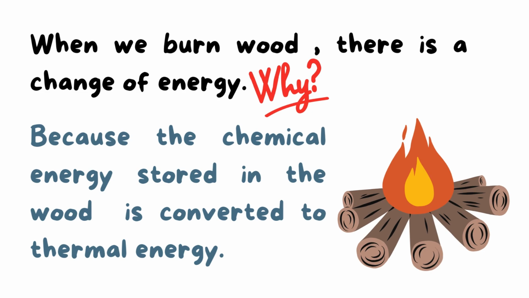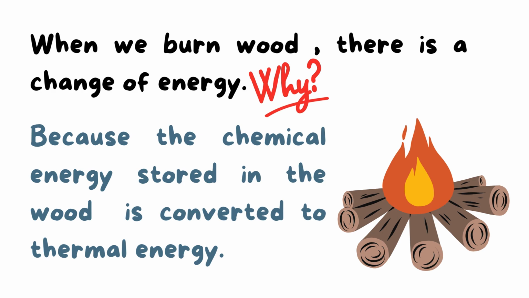When we burn wood, there is a change of energy. So what is this change, or why? Because the chemical energy stored in the wood is converted into thermal energy. In this type of question, we answer by what happens to the energy, the changes in energy.